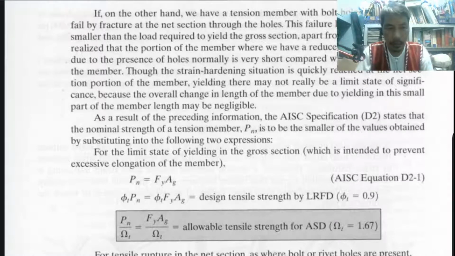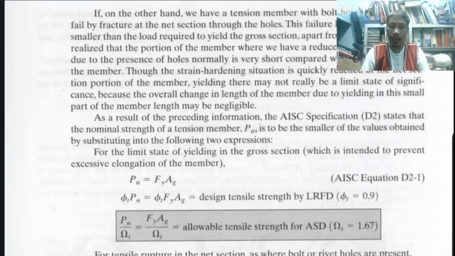Now, for tensile rupture in the net section, rupturing on the net section where bolt or rivet holes are present, we have instead, take note, equation D2-2. Pn is equal to ultimate strength multiplied by effective area.